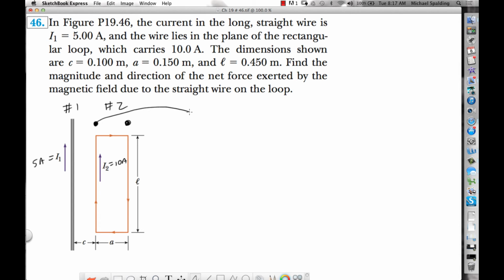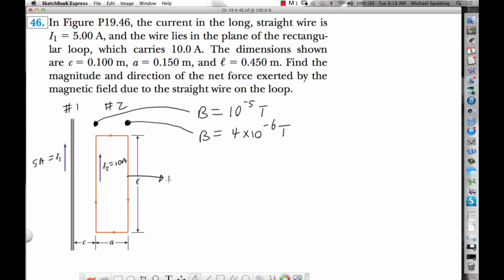Using B equals mu naught I over 2 pi r, you plug all the numbers in, and the magnetic field strength comes out as 10 to the negative 5th Tesla in this region right there. Over here, the magnetic field strength comes out as 4 times 10 to the negative 6 Tesla, using the same equation.